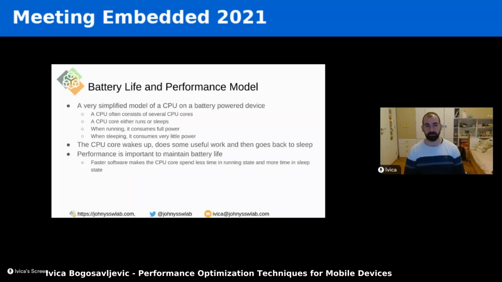When it's sleeping, it consumes very little power. So this is a very simplified model that is sufficient for us. The CPUs can lower or increase the frequency, and with decreasing or increasing frequency, you will also see a decrease or increase in energy consumption. But this simplified model allows us to write efficient software. It's good enough for us.